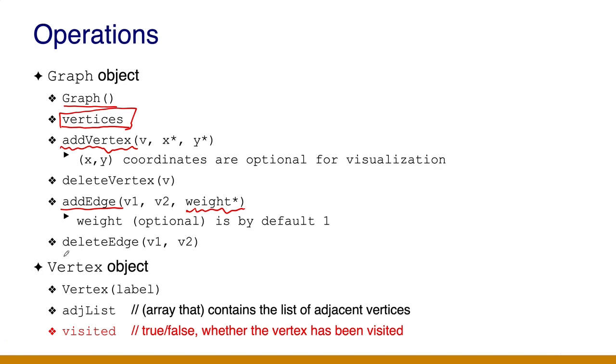Finally, you can also delete the edge by specifying origin and destination. And vertex is used within the graph itself; it is itself an object type, so you can use a unique label to represent a particular vertex.